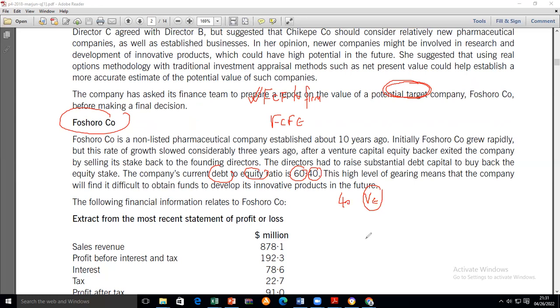Yeah, so what you calculated was the total value of the company. So that was the total. So this was a value which was the value of debt plus value of equity. This one is 40% of that value. This one is 60% of that value. So what you calculated was the total.